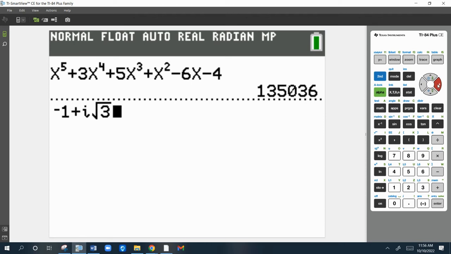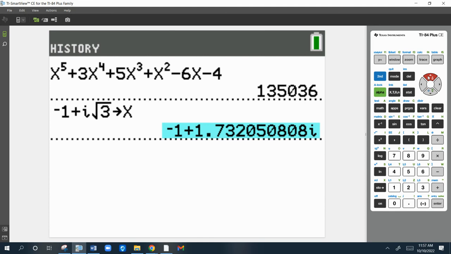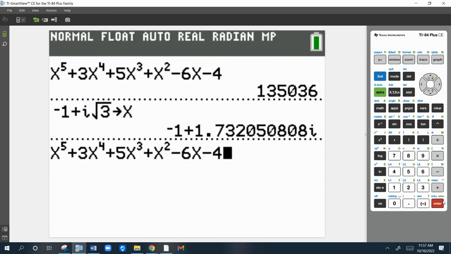It's hard to do that, but I'm going to store this in for x. So my calculator now thinks that this is x. Now if I type this equation in again, it will automatically substitute that -1 plus i root 3 in for x, and I should get 0 if I'm right, because it is a 0.